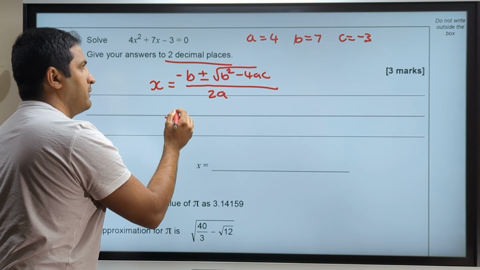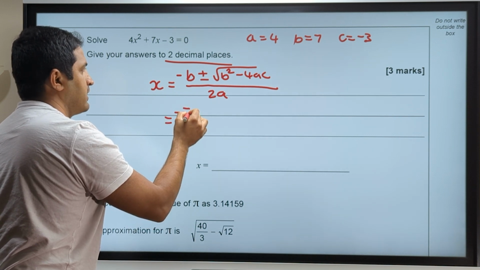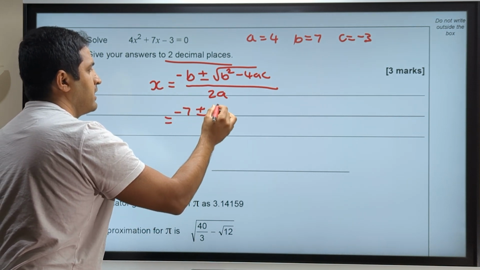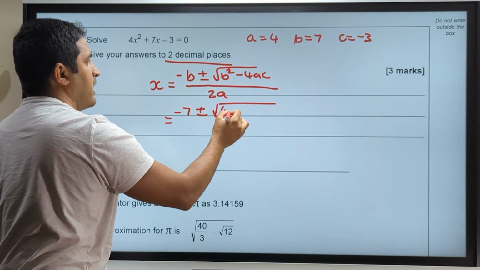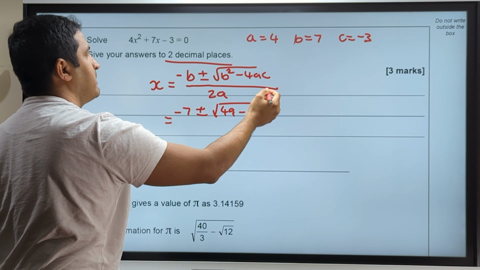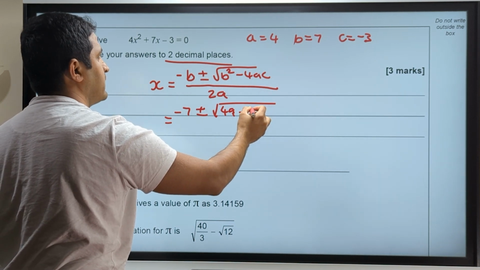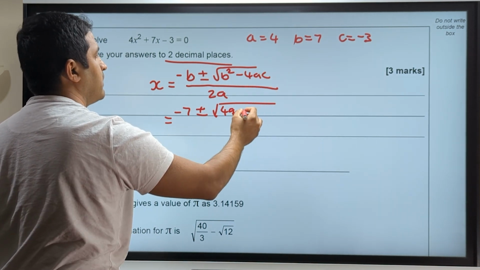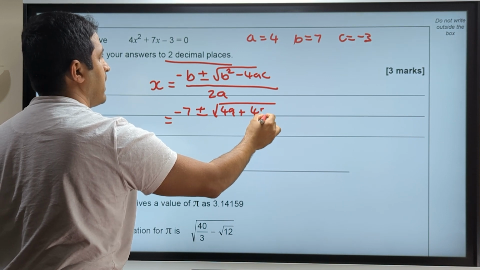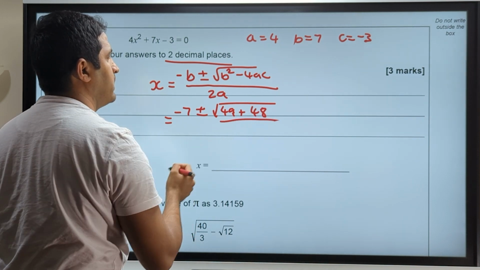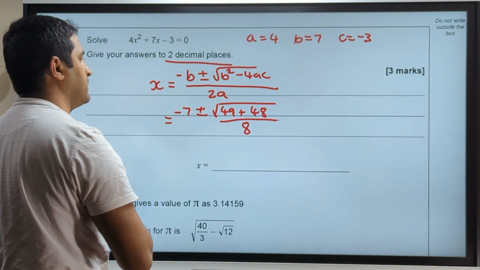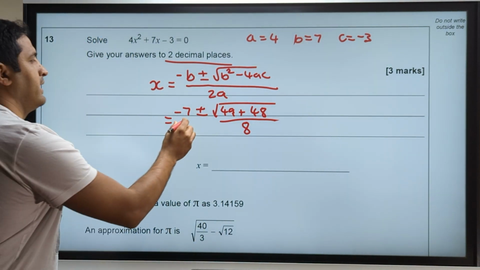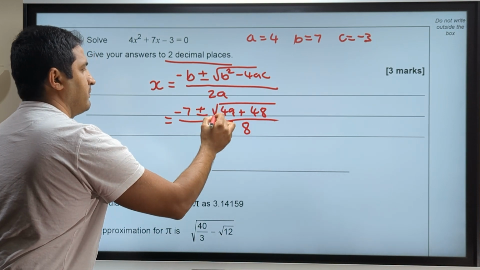So b is negative 7, so that's negative 7 plus and minus. This is your discriminant. b squared is 49, minus 4 times a, which is 4 times 4 is 16, 16 times negative 3 is positive 48, over 2 times a, which is 2 times 4, which is 8. And that's the entire thing.